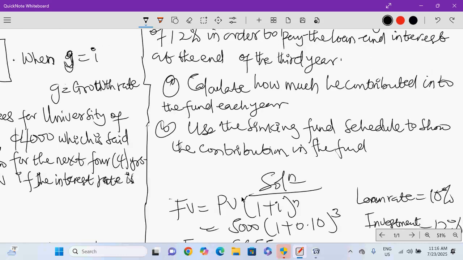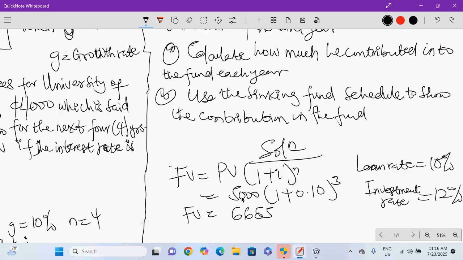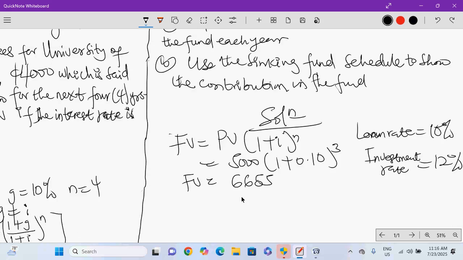So we are to calculate how much he would contribute into the fund each year. With the sinking fund, to compute the equal amount, we use the future value.